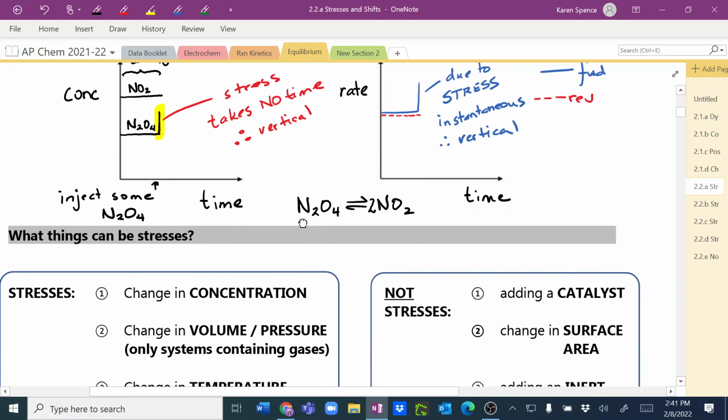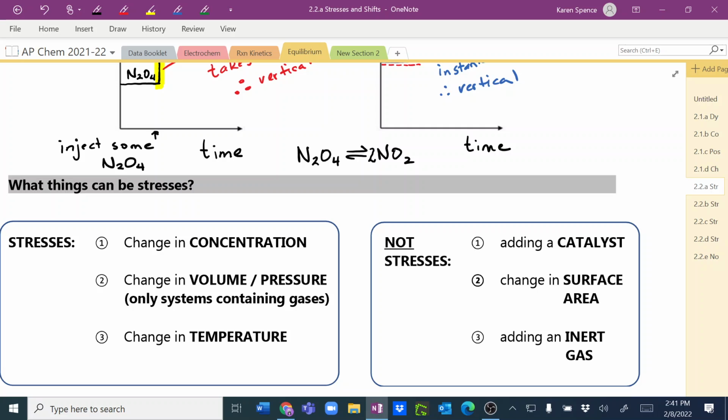So what kinds of things can be stresses? We talked about concentration, we talked about temperature, and the other thing that can be a stress is if you have a system containing gases, you can also change the entire volume of the system, which will in turn affect the pressure. If I squish a container, if I make the container smaller, what happens to pressure?